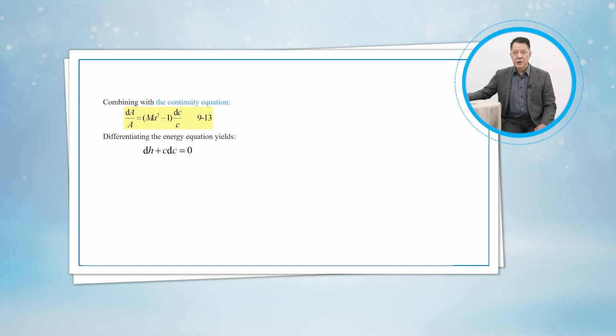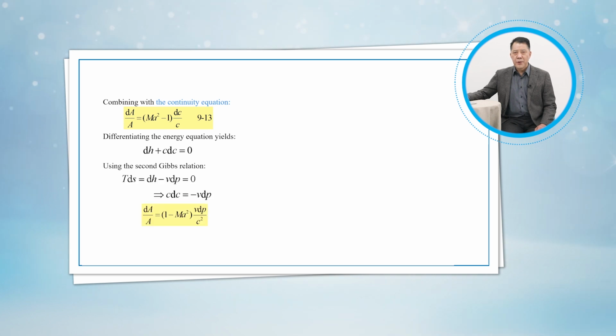Differentiating the energy equation yields. Incorporating the second Gibbs relation yields. These relations describe the variations of velocity and pressure with flow area.